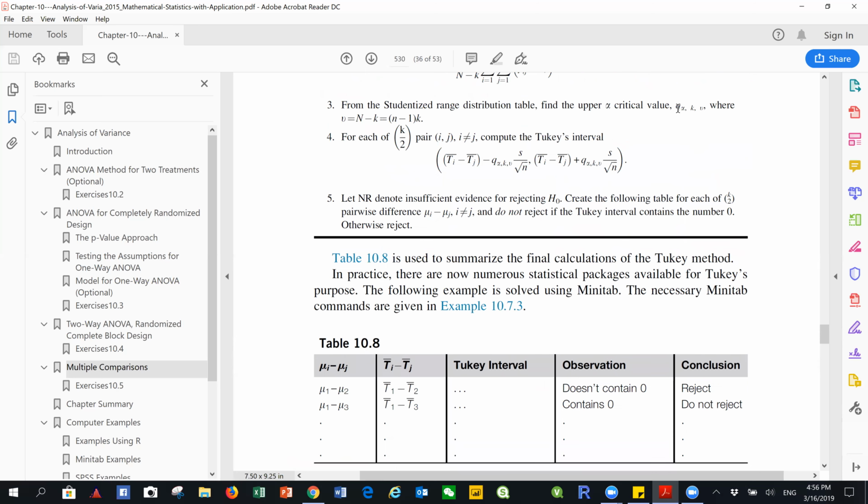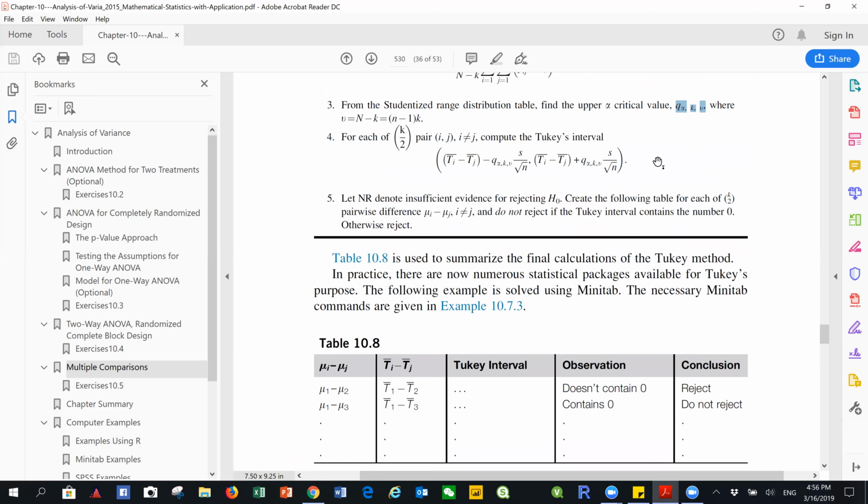Of course, for the Q here, you have to use the table. The way this table is calculated is what makes Tukey a useful test.